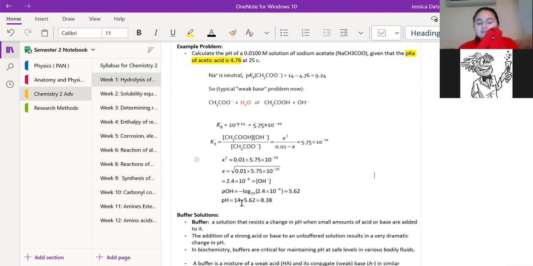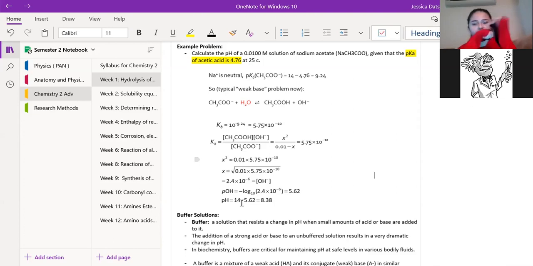And to work out the pKb, you do 14 minus the pKa.